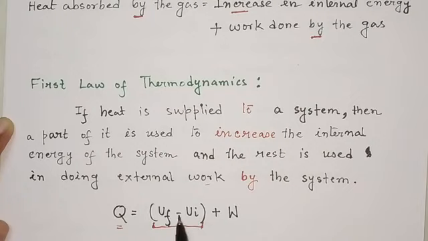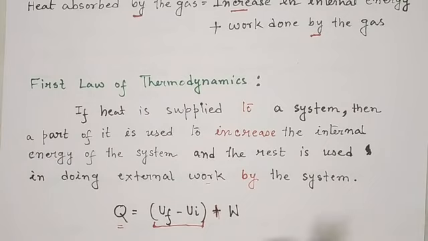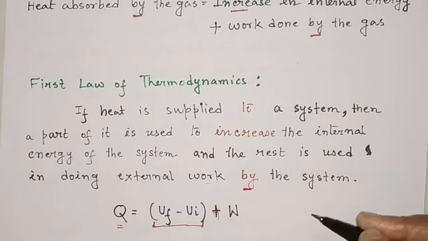So U_f minus U_i gives the increase in internal energy, and if heat is absorbed, U_f must be greater than U_i. Plus the rest is used in doing some external work by the system, so we have plus W, the work done by the system.